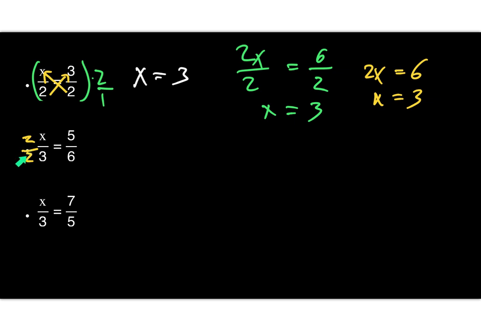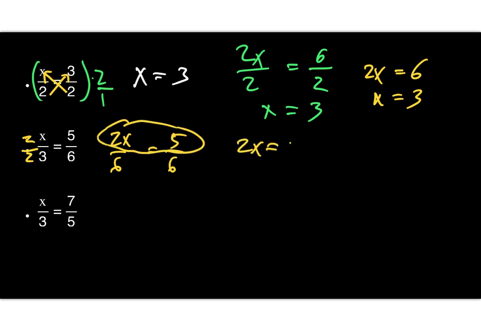If I multiply by 1, I'm not changing the value because it's the same number, it just looks different. So when I do that, I would have 2x over 6 equals 5 over 6. And since they have the same denominator, the numerators are equal: 2x equals 5.